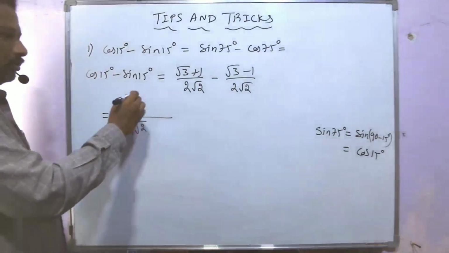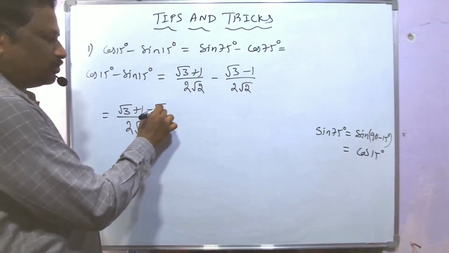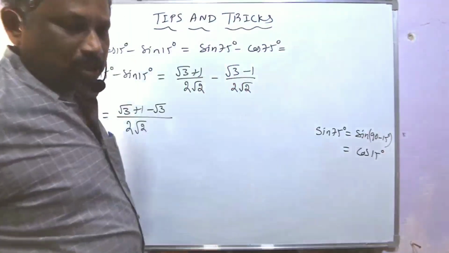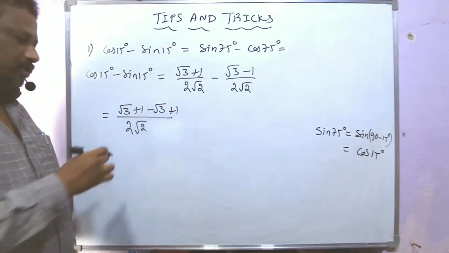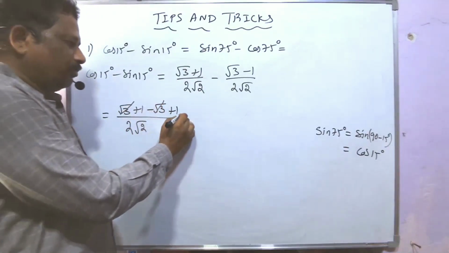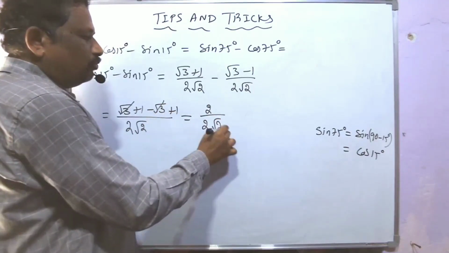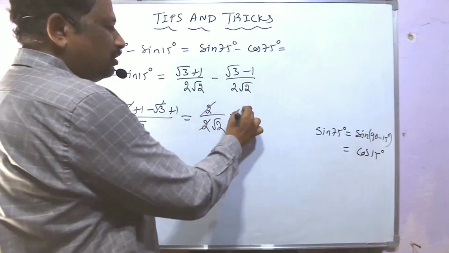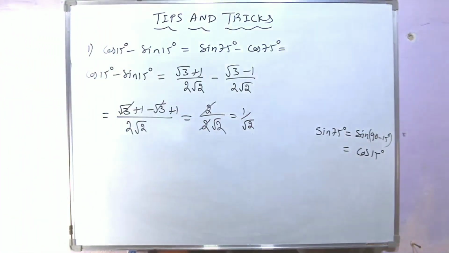Now root 3 plus 1 minus root 3, minus into minus plus 1. Here plus root 3 minus root 3 gets cancelled. 1 plus 1, 2 by 2 root 2. 2 also gets cancelled. 1 by root 2 we will get.